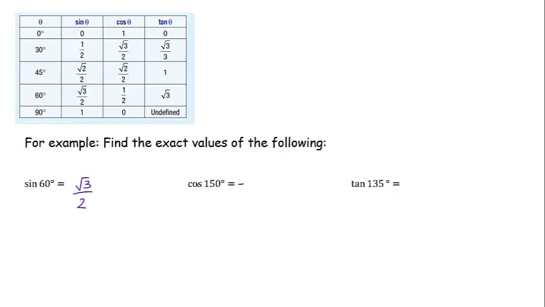And remember, because obtuse angles of cosine are negative, we're going to say that that's equal to the negative cos of 180 degrees minus 150 degrees, or the negative cos of 30 degrees. So from our table, we can see that cos of 30 degrees is root 3 over 2. So that means that the cos of 150 degrees is negative root 3 over 2.